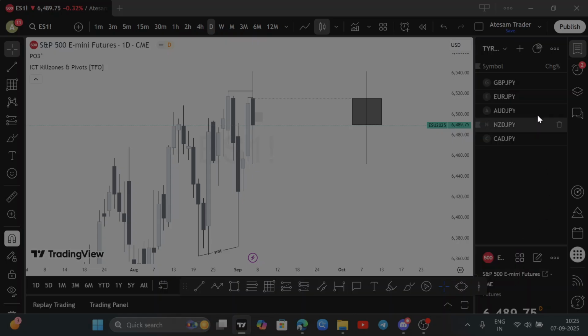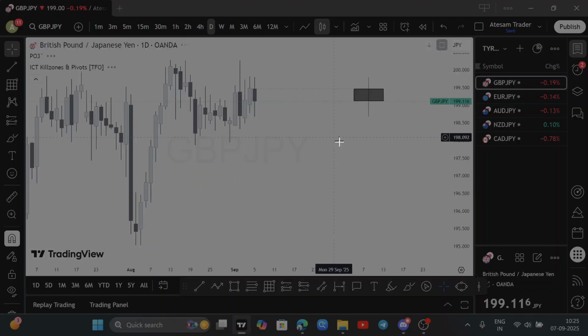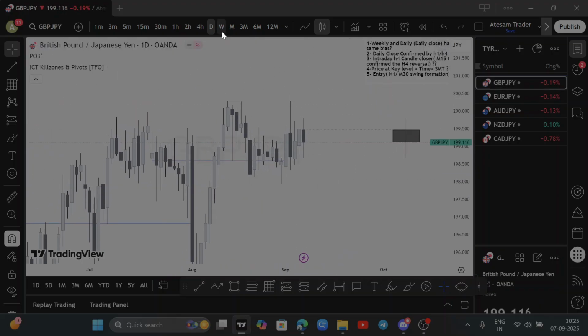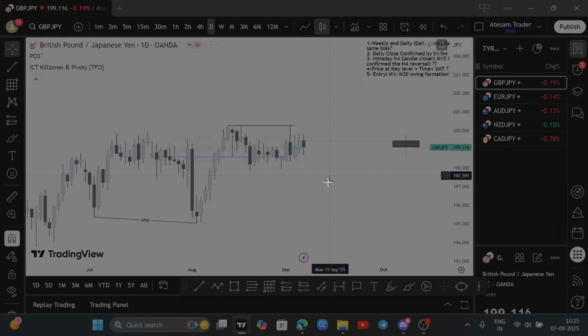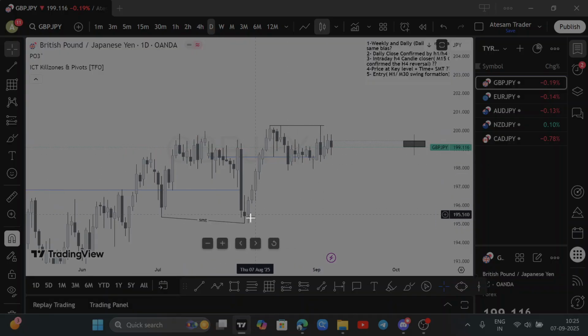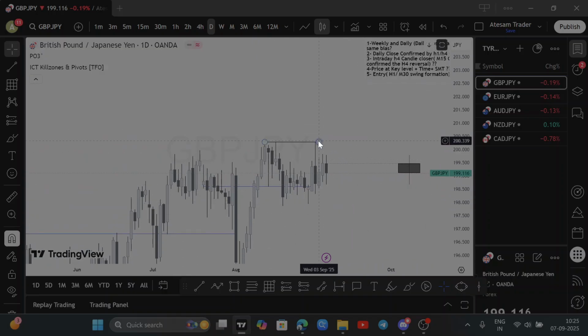Let's look at the crosses. On the crosses, what news do we have? GBP JPY and Euro JPY. We will only look to find opportunity in these two pairs. I have nothing to say here because this is consolidation, and you see this is expansion above the highs and consolidation. This is more like bullish price action.